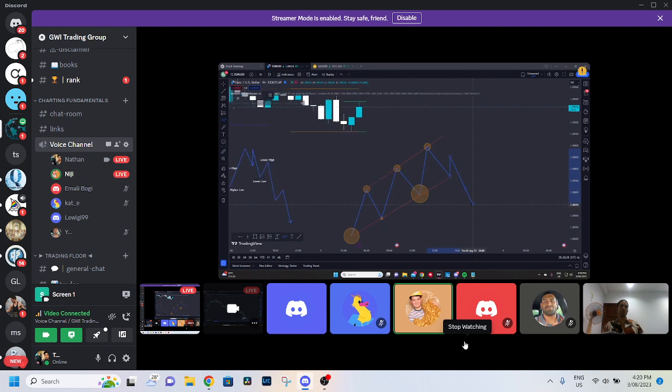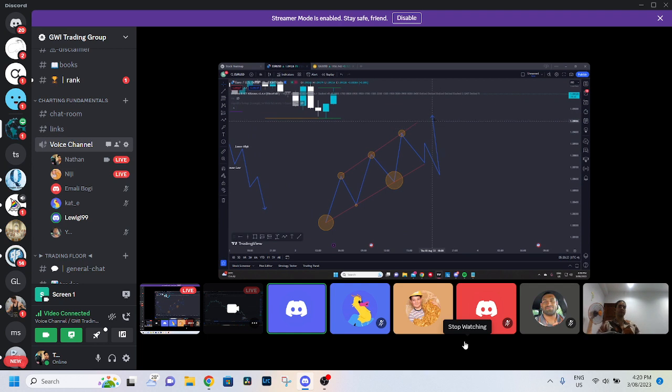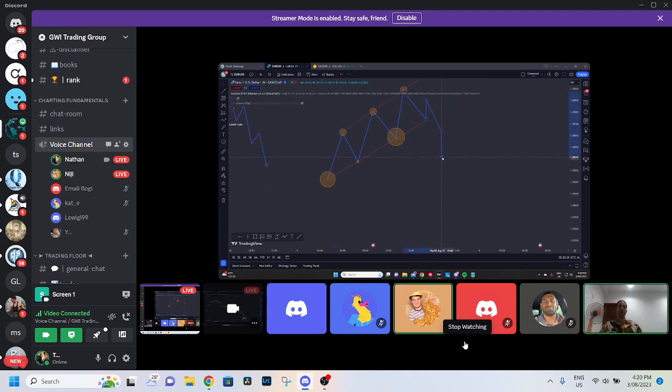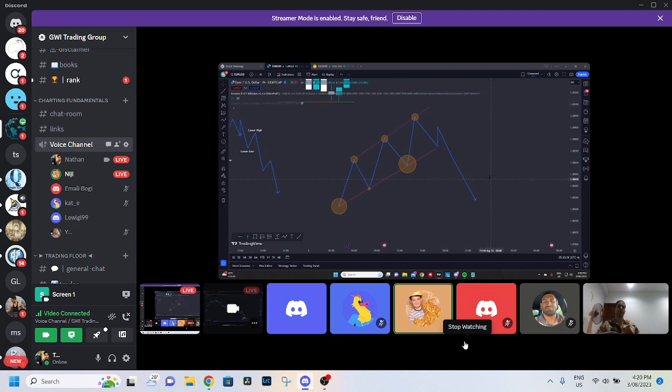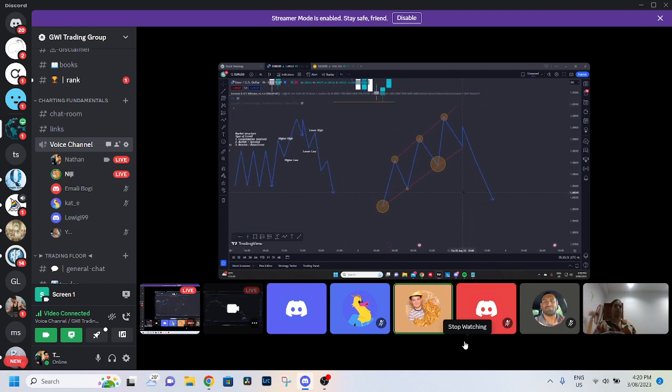It's either what we class as a fake out, which means that the institutions are getting sellers involved in the market because they know that they're looking at this trend and they see a breakout, and then it will go back into the range. Or many times, once it breaks the trend, like Nathan's example before, you'll see it just shoot down, right?